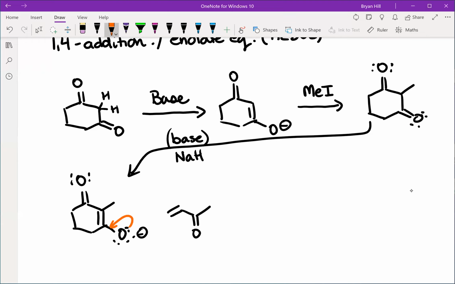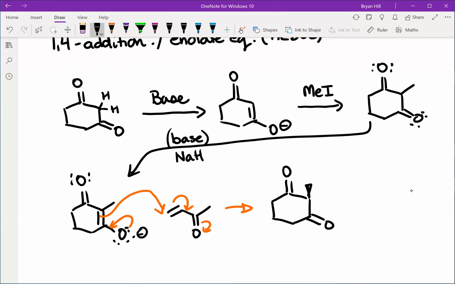So just draw this methyl group up. Beta. This is beta. Alpha. Negative charge.